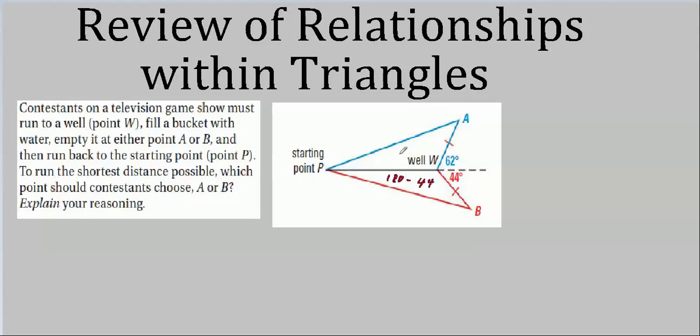And this one up here, the same reasoning, is 180 minus 62. Without even doing any arithmetic, what do you think is smaller? 180 minus 44 or 180 minus 62? Well, I'd say this is the smallest one. That means this here is the smallest angle. So this must be the smaller side.